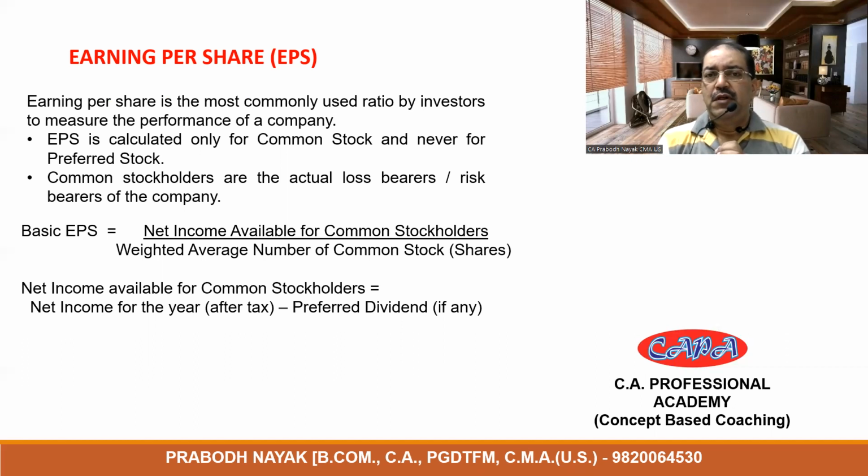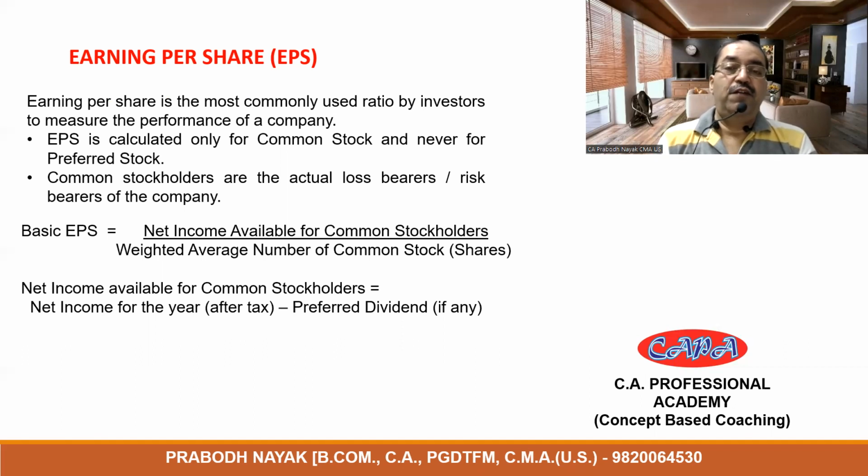Now, after you calculate this net income available after tax, you have to see whether the company has preferred capital, on which we have to calculate the preference dividend, because ultimately we are calculating the net income available for common stockholders, for equity shareholders, which is after payment of preference dividend on the preferred stock.